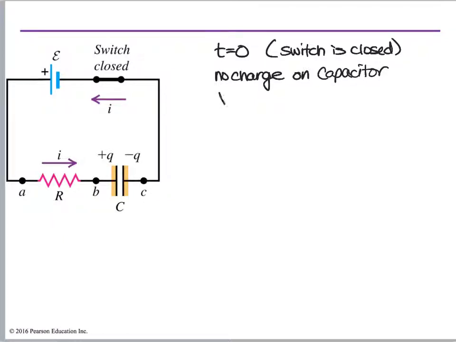And because of that, the potential drop across the capacitor is 0, which means the potential drop across the resistor has to be equal to the EMF of the battery. From that, the current that's flowing originally in the circuit is going to be equal to that EMF of the battery over the resistance. This is the initial current.